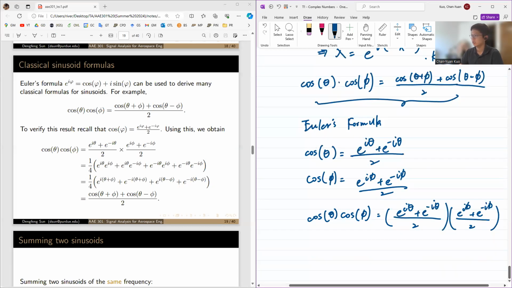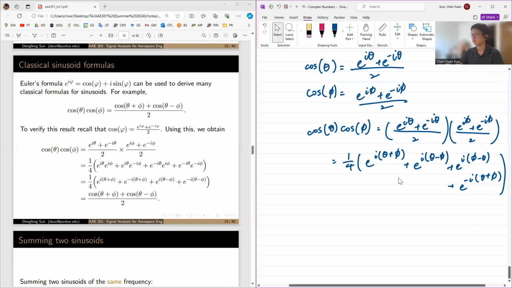And now we expand this, we will get 1 over 4 and e to the i theta plus phi, plus e to the i theta minus phi, plus e to the i phi minus theta, plus e to the negative i theta plus phi.